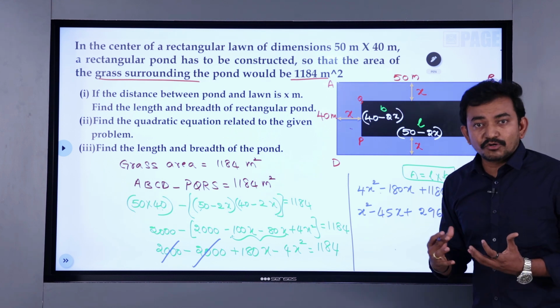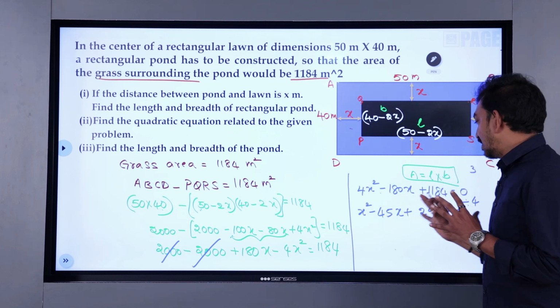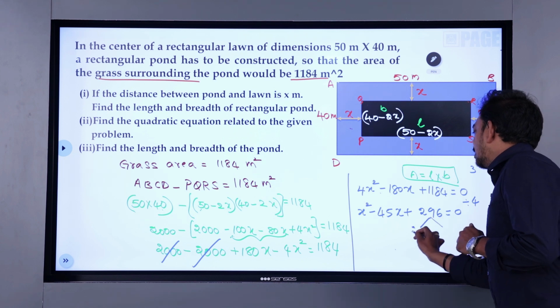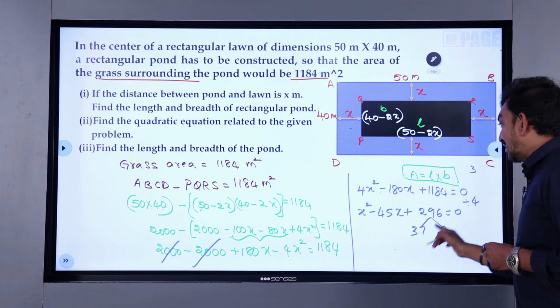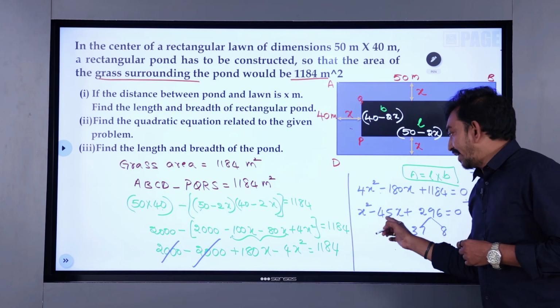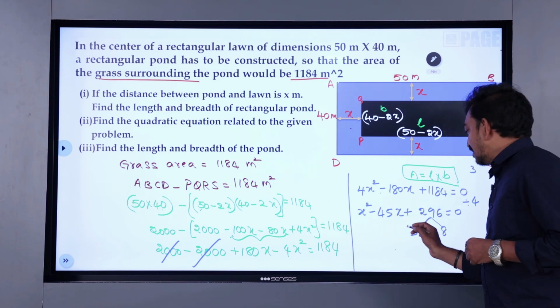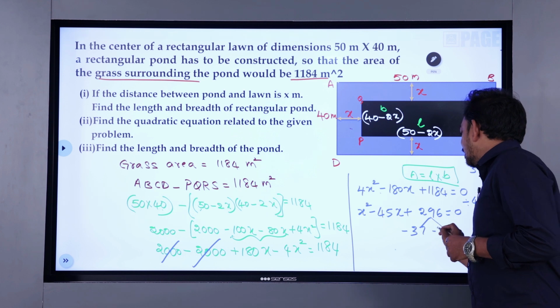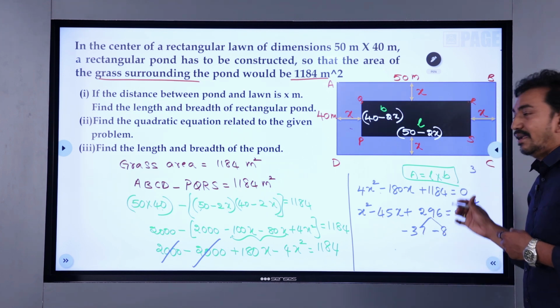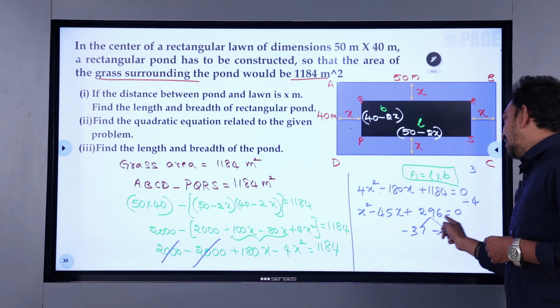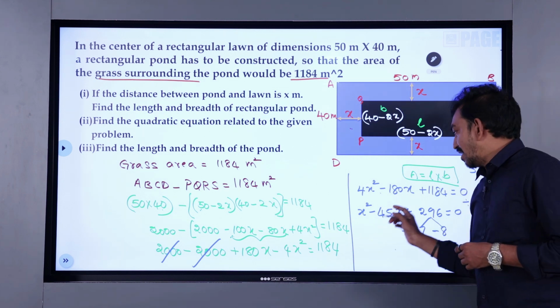With the knowledge that you got from quadratic equations, hopefully you can split this term as 37 into 8. 37 into 8 is 296, 37 plus 8 is 45. But here the sum of the factors should be negative, right? So let us keep this as minus 37 and minus 8. Minus 37 into minus 8 would be 296, and minus 37 minus 8 is minus 45.